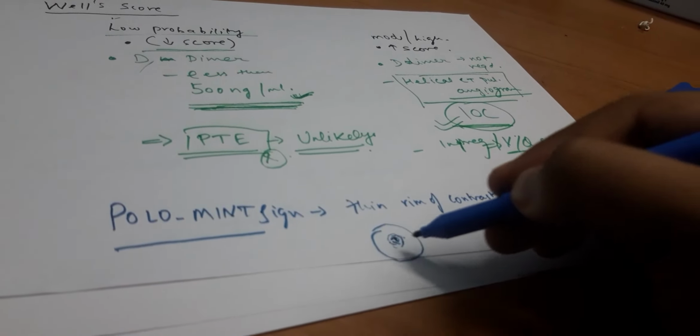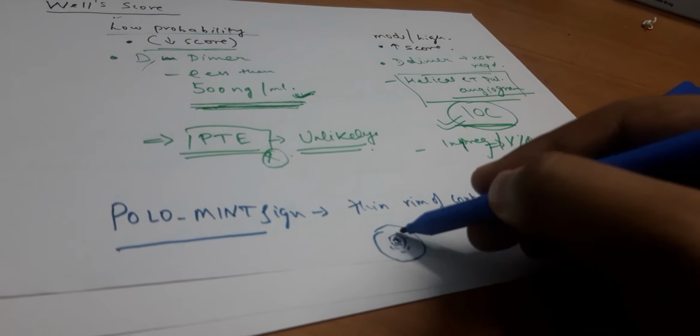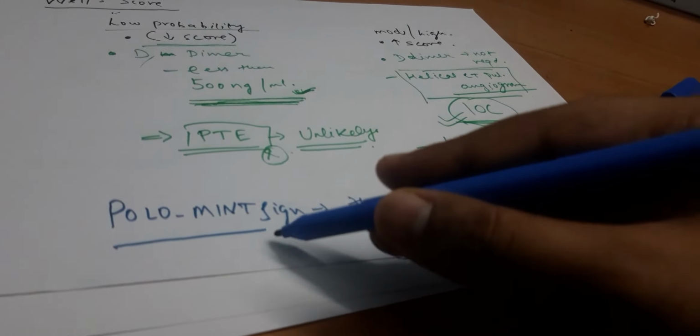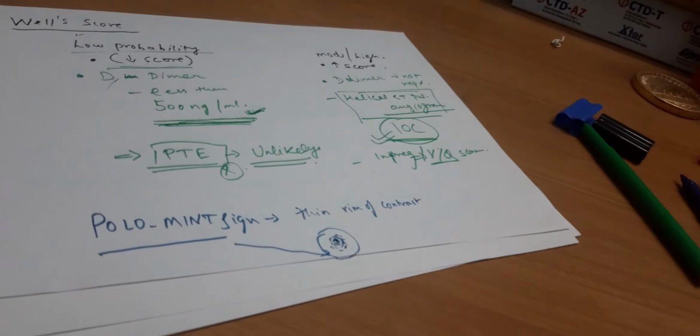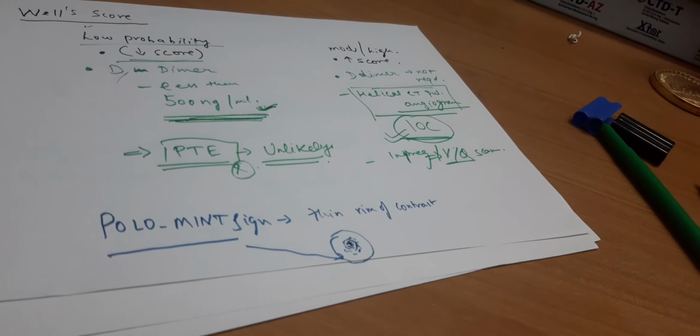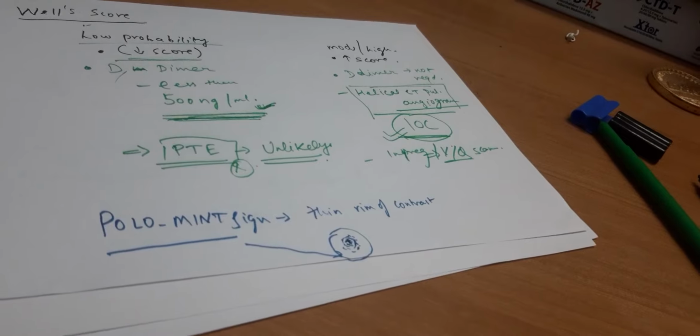Suppose this is a thrombus and this is the thin rim of contrast. So this is the polo mint sign, and this is very important to identify if there is a thrombus or not, and to see if there is a central filling.